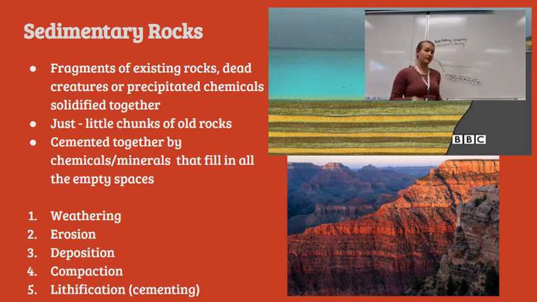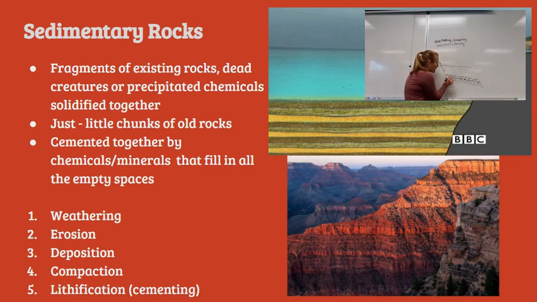So if I want to turn it into something like sandstone, which is just sand that's been cemented together, I need a way to glue all of these pieces of sand together, because right now it's just sand. So what happens is, in the water there are little chemicals and minerals.